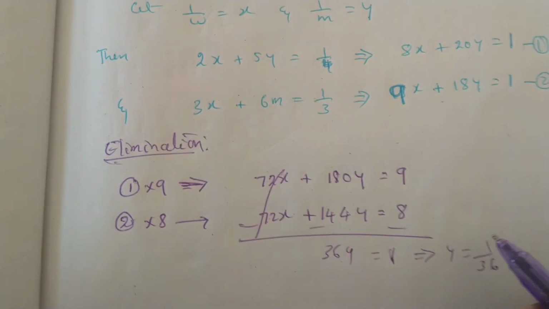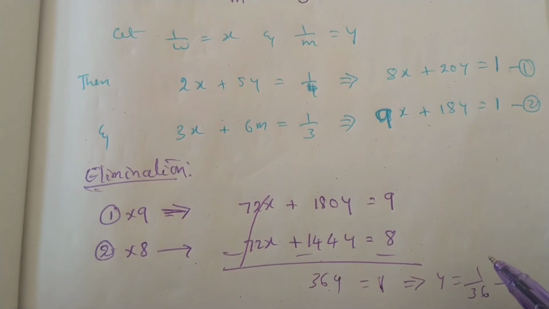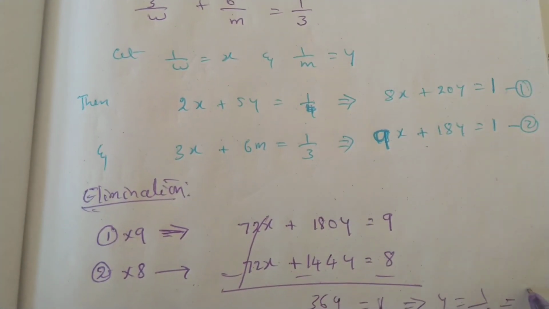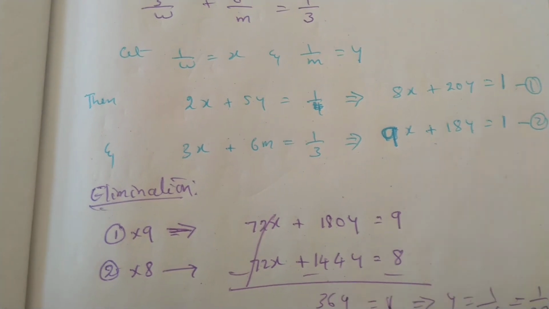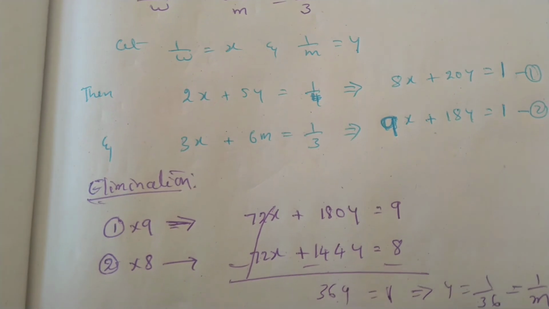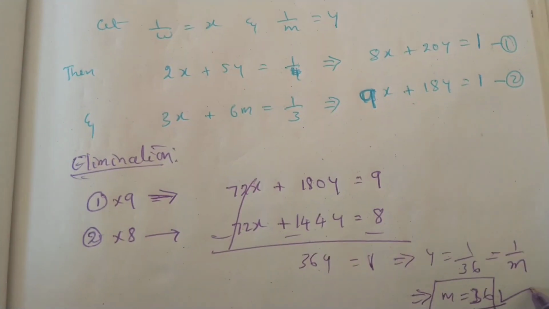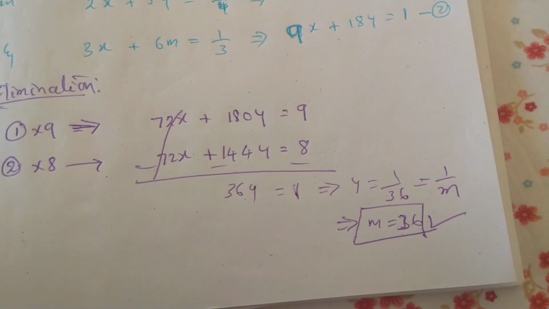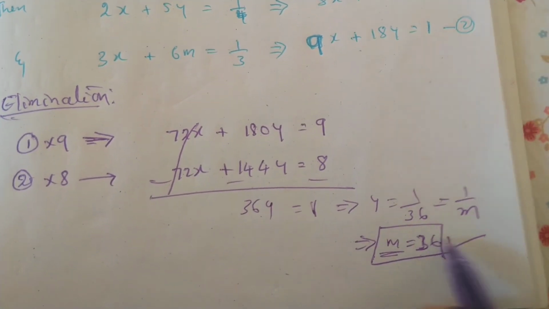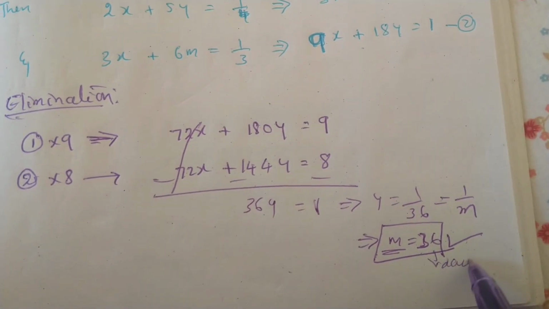What did we take Y to be? 1/M is equal to Y, that is 1/M, which implies M is equal to 36. That means 36 days it will take if it is only a man who does it. So how will you write the conclusion?